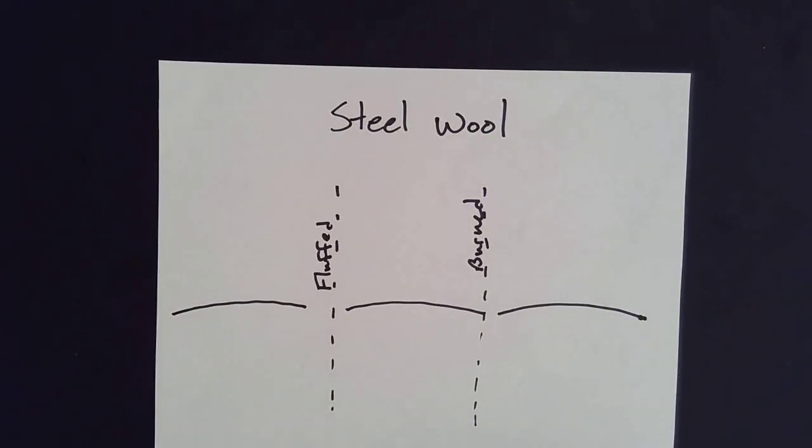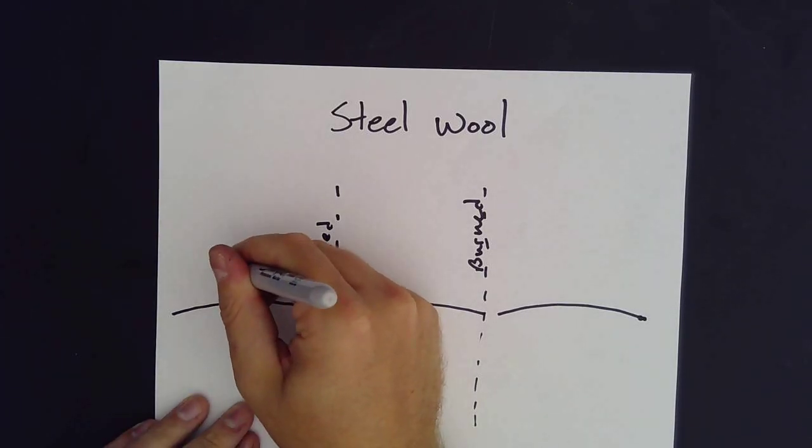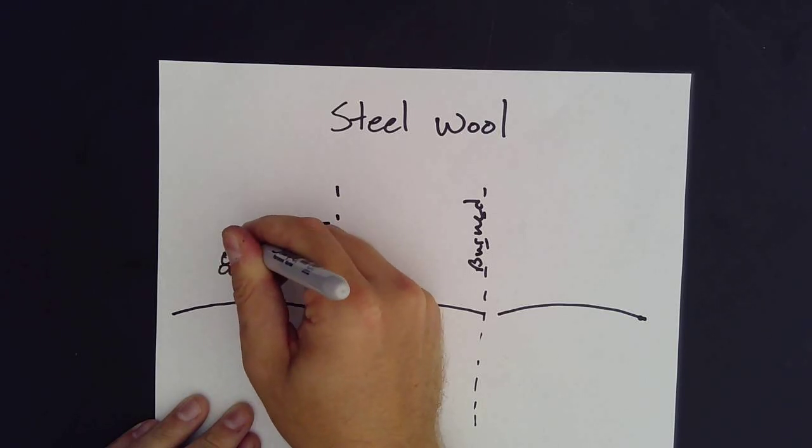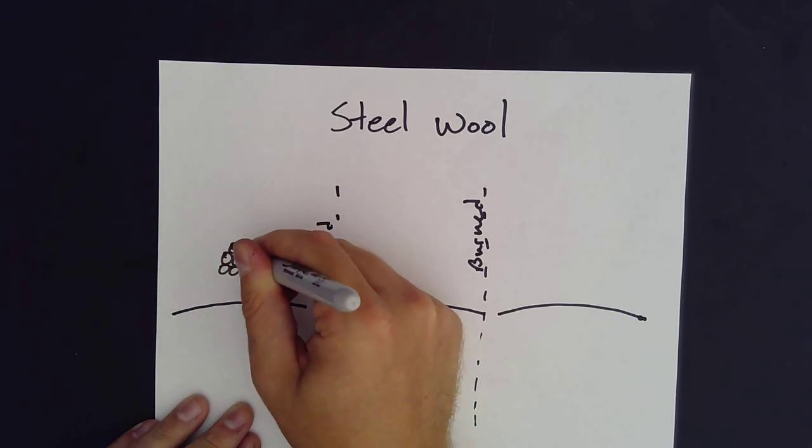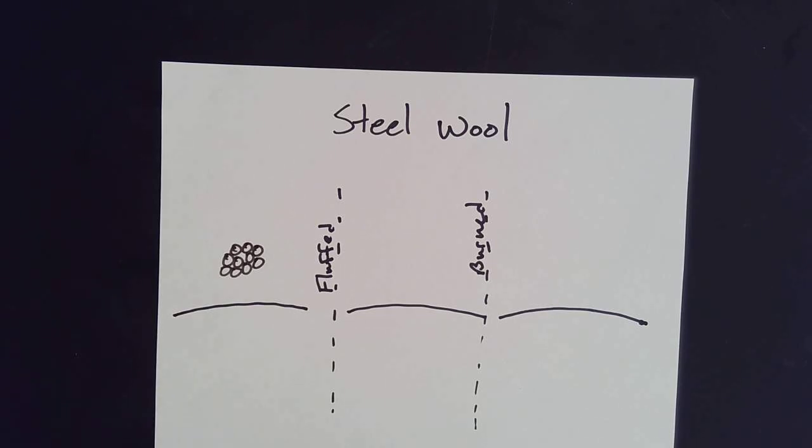And then lastly, we had my favorite example, which is the steel wool. Let's actually do this one together. If you were looking at what we did, we started with a clump. 1, 2, 3, 4, 5, 6, 7, 8. I'm actually going to do 9 and 10. We're going to do 10. And then I fluffed it out.